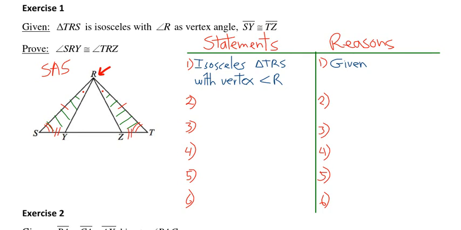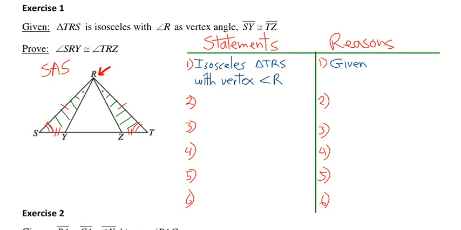And we have everything that we need. We have side, angle, side. Remember that the angle has to be in between the two sides for this method. With that, we can conclude that these two green triangles are congruent, and therefore, because they're congruent, these two little angles here would be congruent. So that's the plan. We already know what we're going to write. I'm just going to write the proof now.